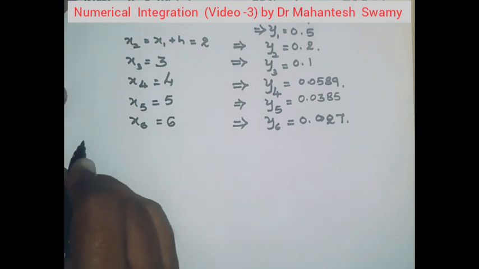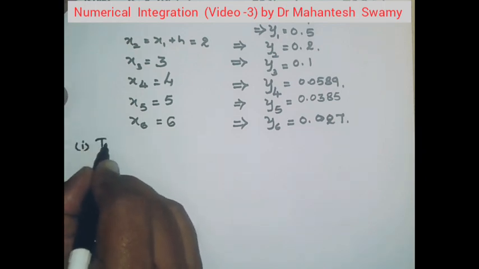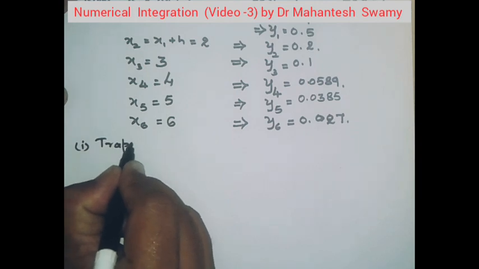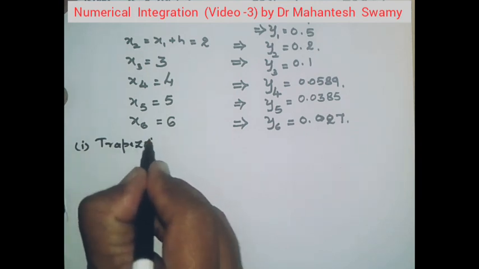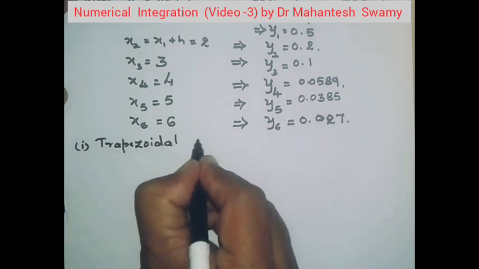So the first formula is the trapezoidal rule. So what is the trapezoidal rule? It is very easy to write.